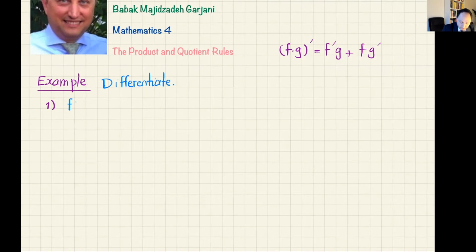So f of x equals 2x times x squared plus 2x minus 1. Okay, so assume that you want to differentiate this. This is something that Math 3C students can also solve. They don't have to use the product rule because there is a way out of it, yes? How can I do that? So let me write method 1.